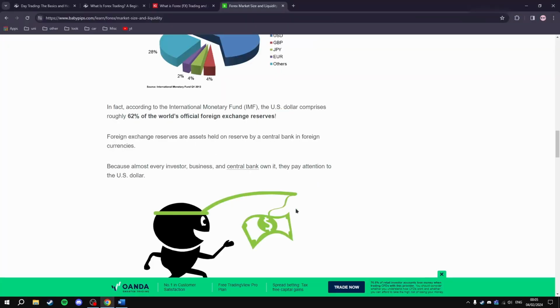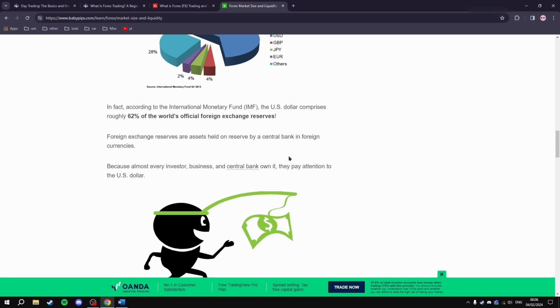So let me just read that again. Foreign exchange reserves are assets held on reserve by a central bank in foreign currencies. Right, so it's not the currency that the bank is in or located in. So for example, if the bank was in London, then the foreign exchange reserves might be in US dollars or Japanese yen.